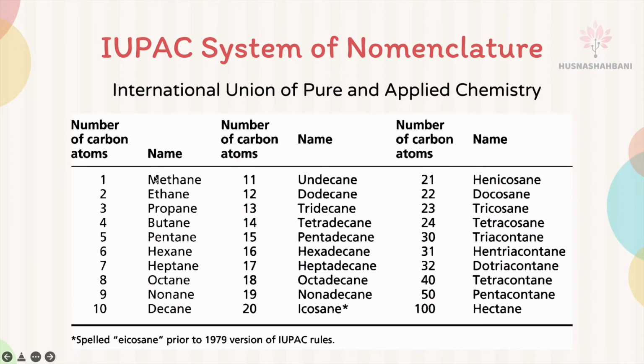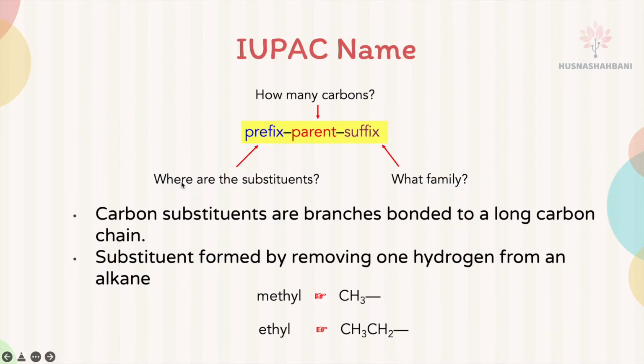And if one carbon becomes the branch or the substituent, you remove the ane at the back and replace it with yl, showing that it is the branch or the substituent.